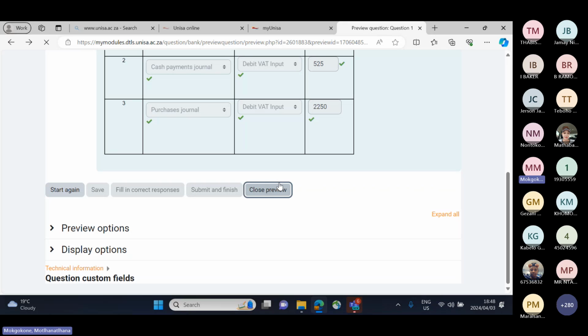The other ones they struggled with during our assessment are equity and liabilities and also total assets. Let's go to the next questions.